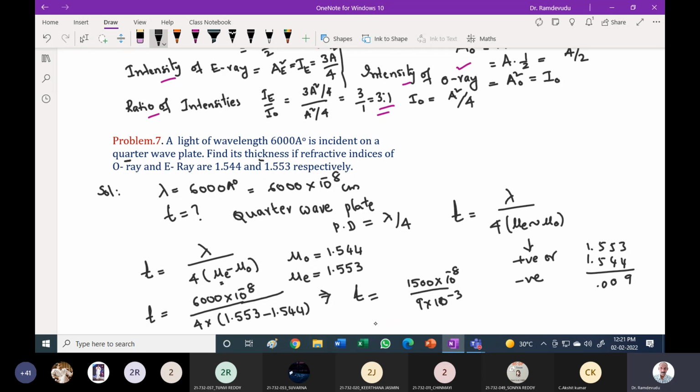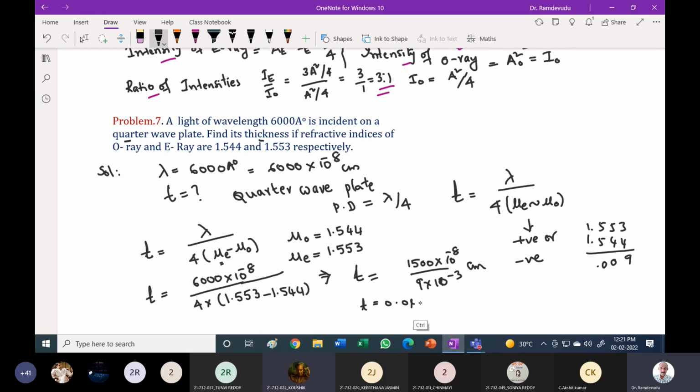Then simplify it and find the value of T, the thickness in centimeters. How much thickness are you getting? 0.0016 centimeters.